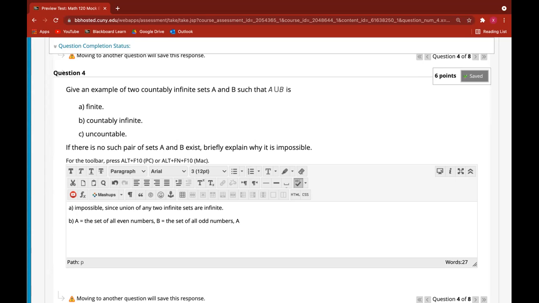Then A union B will be the set of all integers, which are all countably infinite sets.